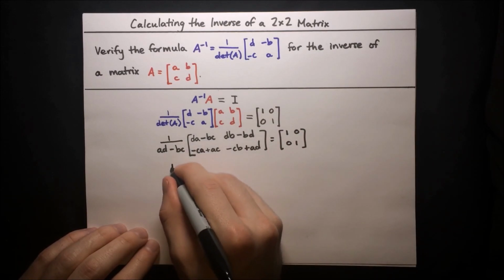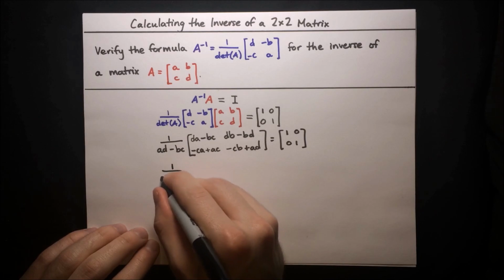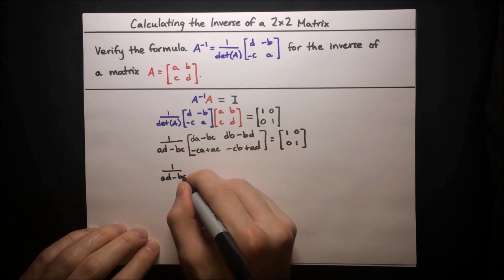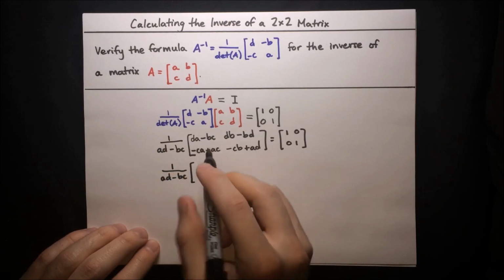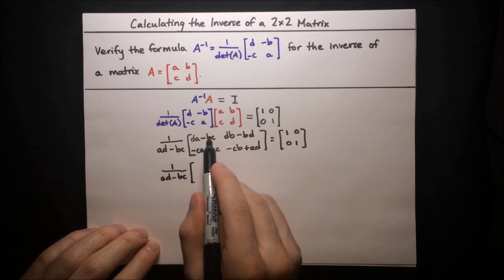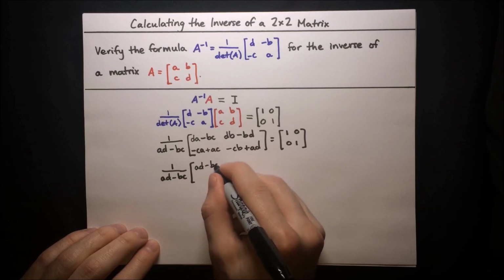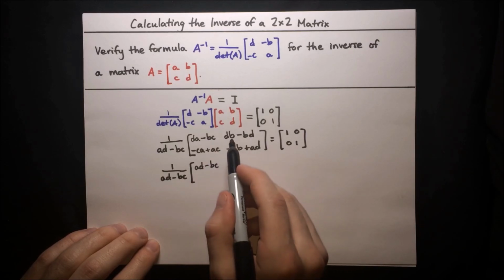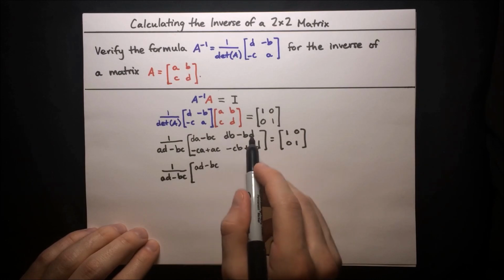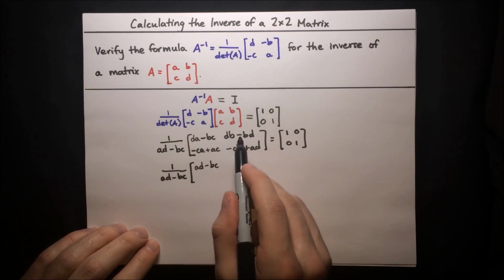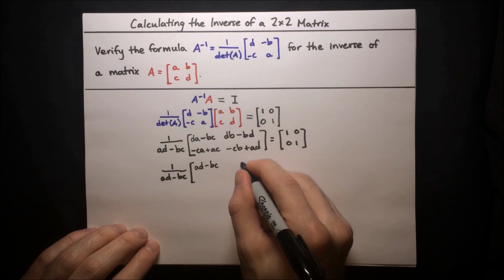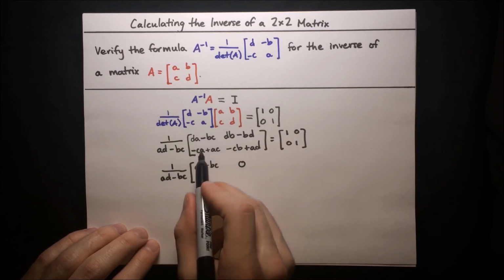So let's go ahead and simplify this a bit. 1 over AD minus BC, and here we can write this first entry as AD minus BC, and then here DB minus BD, well DB is really just BD, so these are two terms of the same, but this one's negative, so these cancel out and we've just got a 0. It's the same idea here.